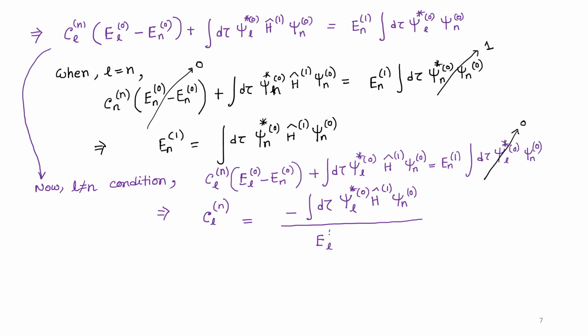I'll write it once, so I don't want to make any step jumps here. Next, I'll take care of this En⁰ minus El⁰, and I'll write this thing in bracket, function ψl⁰. Okay, it is something like that.